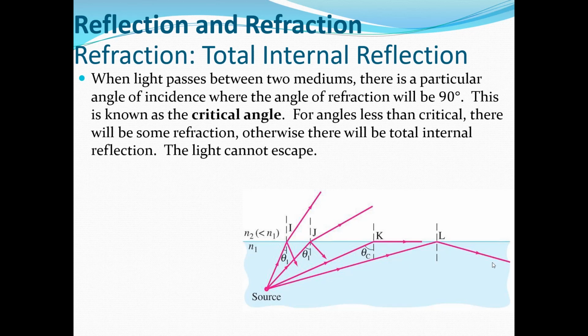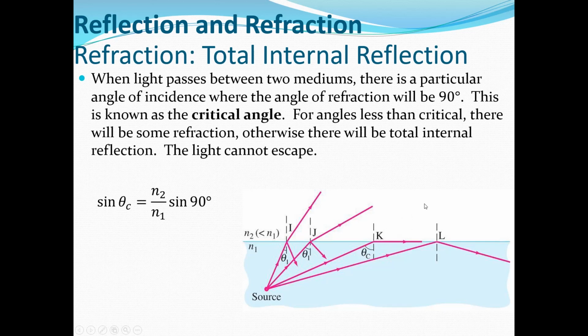However, one thing to note is that this will only occur when n2 is smaller than n1, mainly because, as I said before, the faster light travels, the bigger the angle. So faster light means smaller index of refraction. If it was the other way around, you can actually see it here, just reverse the direction of the arrows, because water travels slower than air, its angle will always be smaller than this.